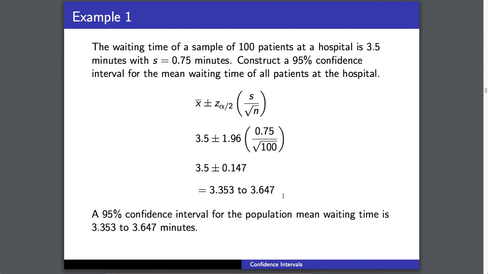So a 95% confidence interval for our population mean waiting time is 3.353 minutes to 3.647 minutes. So we can be 95% confident that our population mean time is between 3.353 minutes and 3.647 minutes.